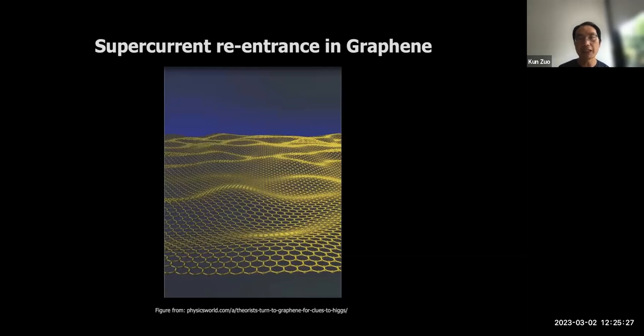Now, of course, this is my speculation. You can't just exclude this because of the possible ripples. Of course, I can't confirm that supercurrent interference caused the reentrant current. But in general, there are many, many different possibilities, and many simpler explanations for the supercurrent reentrance.